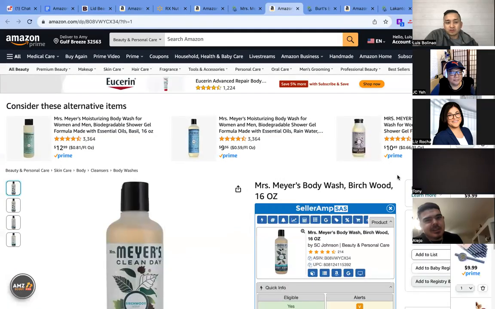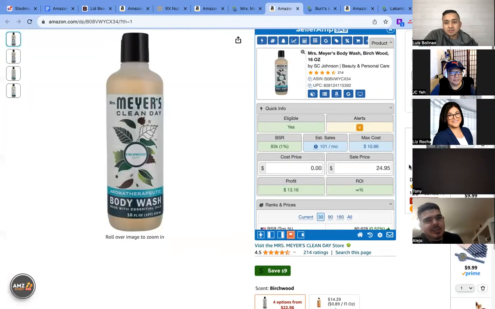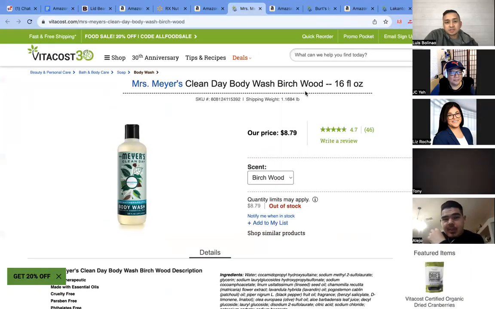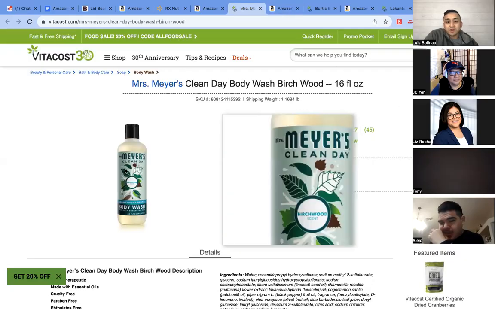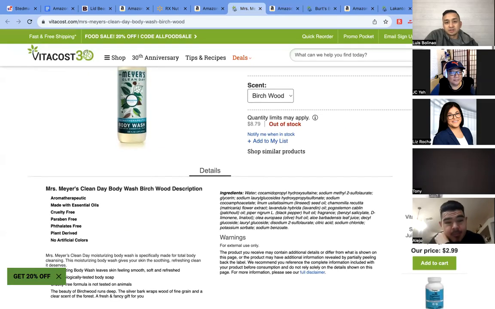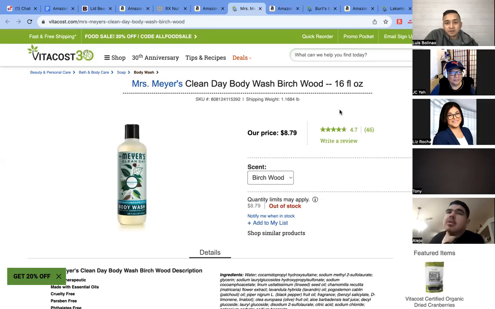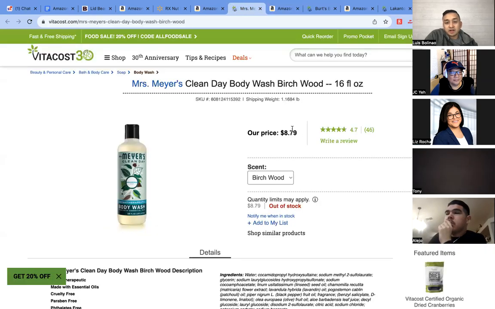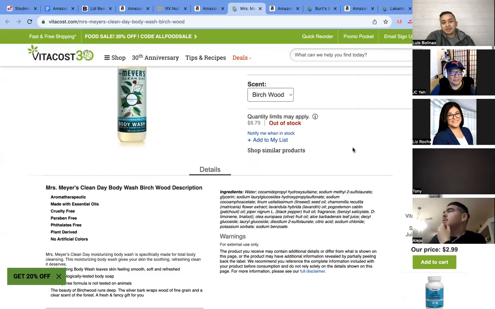I'll just keep going with product research. So next product, Mrs. Meyer's body wash. Again, you check if they match. You look at the photos, title, description, flavor. Looks the same. And then you plug in the cost. This one's $8.79.